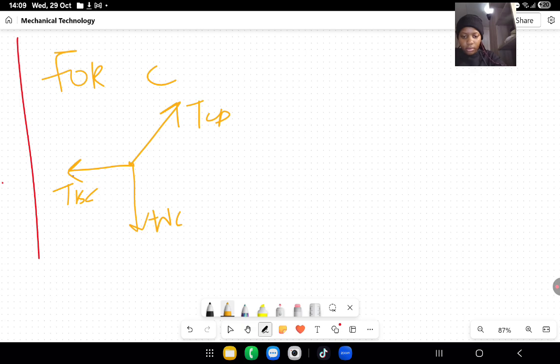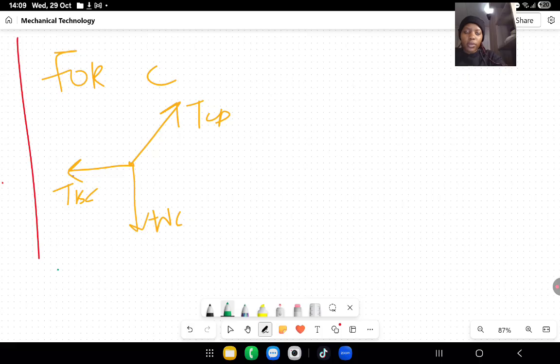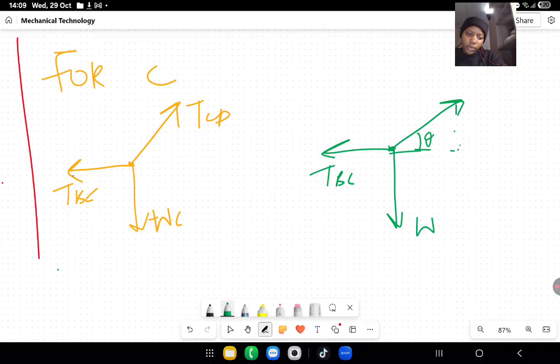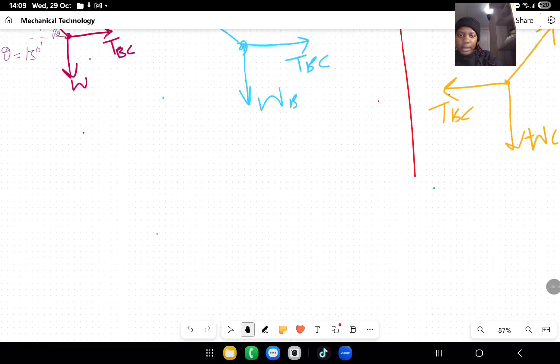Then we have something like this, and here we have theta, which is unknown. So TBC, WC, CD. Now let's calculate this side.